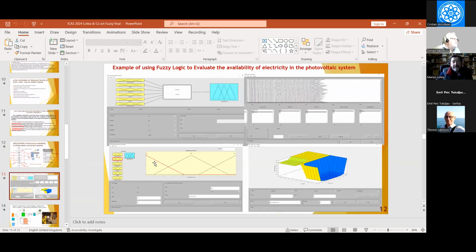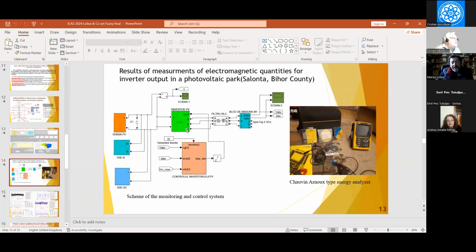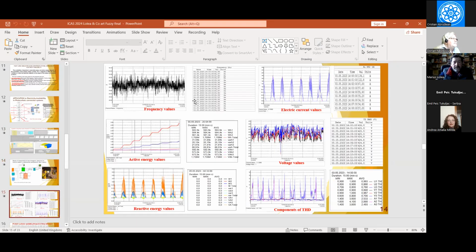An example of using fuzzy logic to evaluate that. Of course, here the letters on the screen are very small, in MATLAB. But for example, after the measurements, we have the results as electromagnetic quantities for an inverter in the photovoltaic park Salonta, near Oradea. The measurements cover a few electromagnetic quantities.